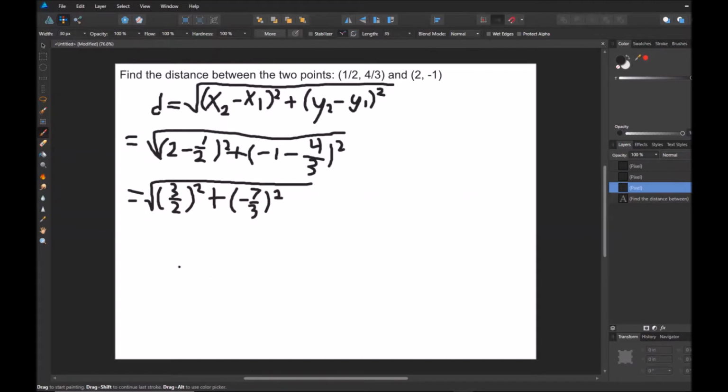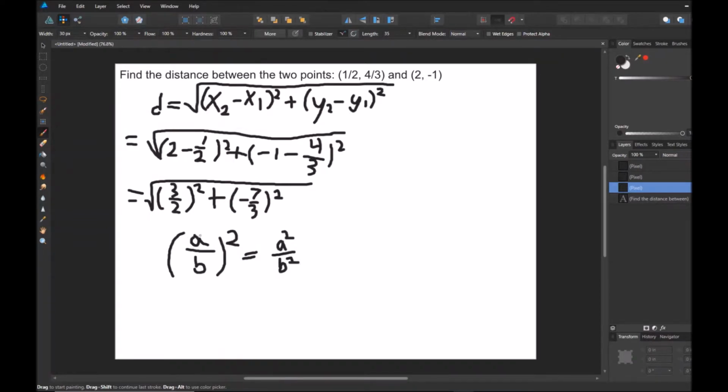squared. Now, if you don't know, it's a property of exponents that if you have a over b, and they're being squared like this, it's the same thing as a squared over b squared.